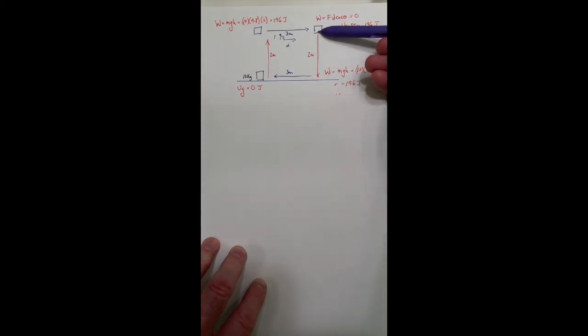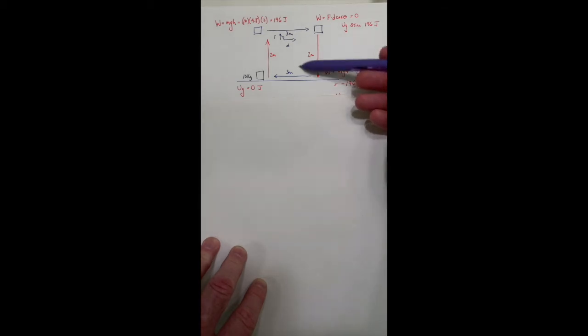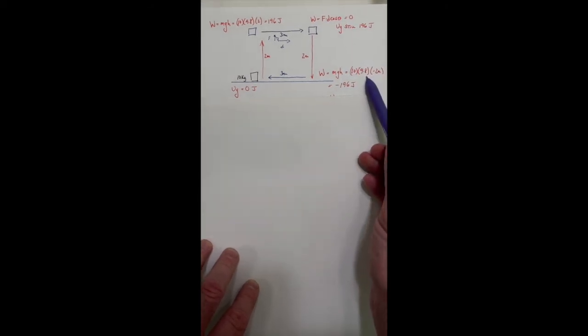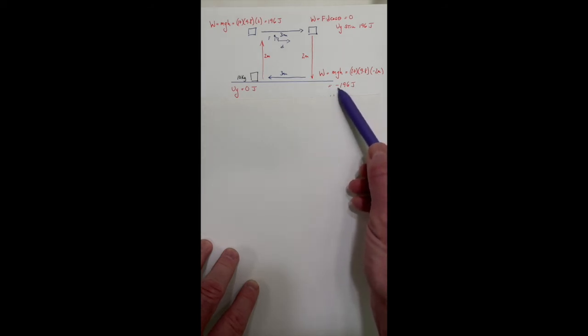Now I'm going to lower this block down to the ground again. So I'm going to drop it 2 meters. I'm still going to need to support the object with a force of mg, but this time I'm going to lower it 2 meters. So I'm going to put in a negative 196 joules.